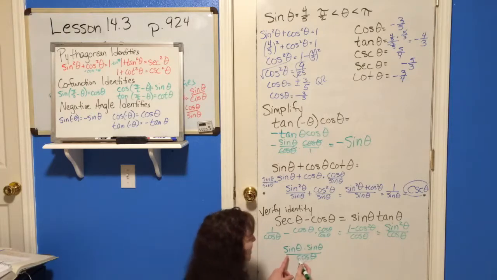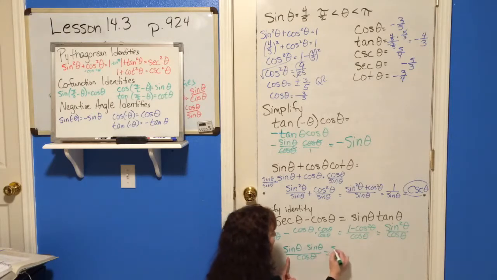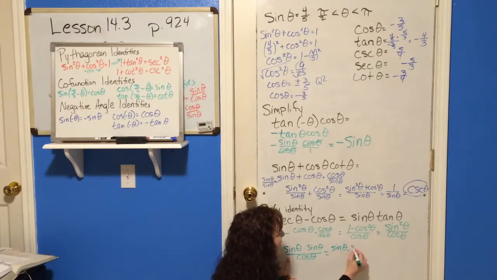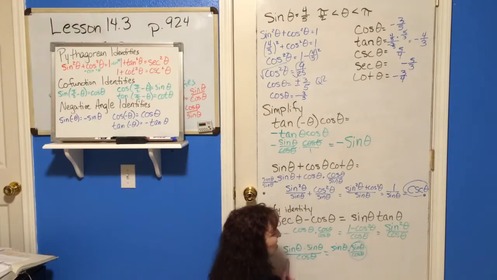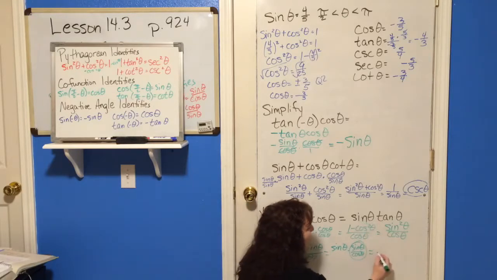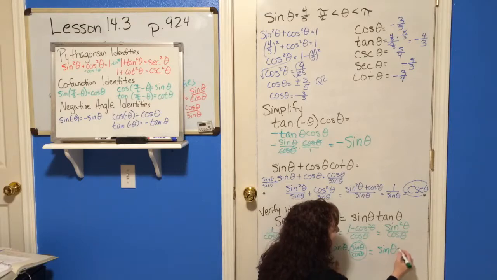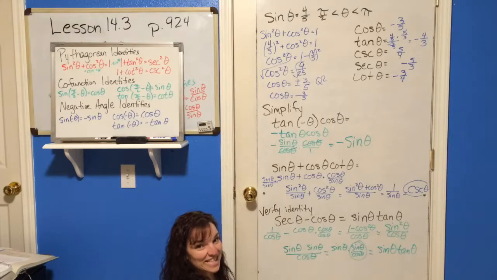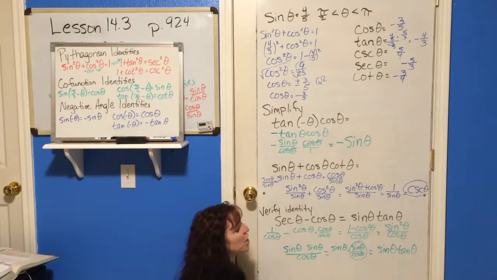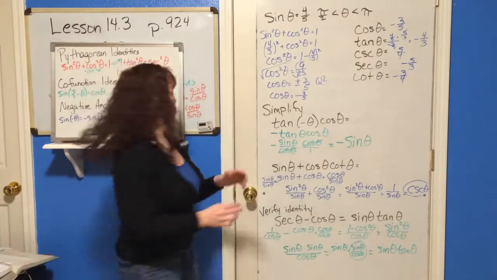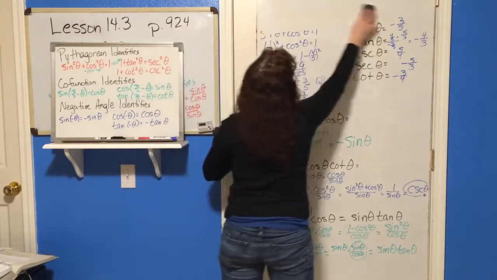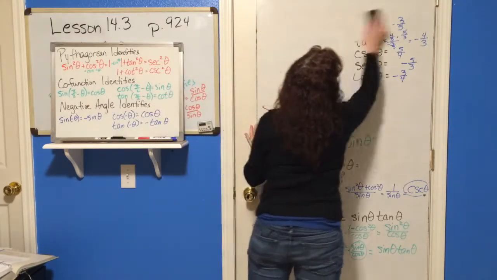So now if you split this up, sine of theta times sine of theta over cosine of theta, and this equals tangent. So now sine of theta times tangent of theta is our identity. Pretty fun, huh? So the trick is just to manipulate and change what you've got using what you know about those identities to get it to look like what you want it to look like.